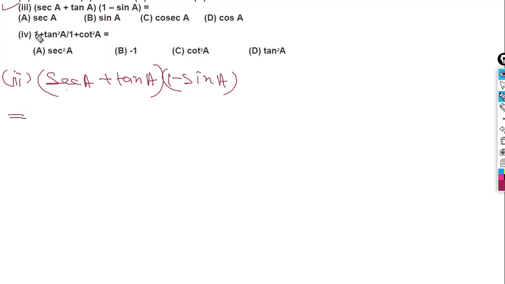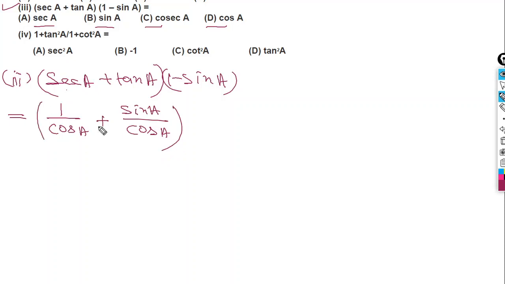You look at it, answers are sec a, sin a, cosec a, cos a. So let's convert all of them into sin a and cos a. Okay, so sec a is equal to 1 by cos a plus tan a is equal to sin a by cos a, into 1 minus sin a.